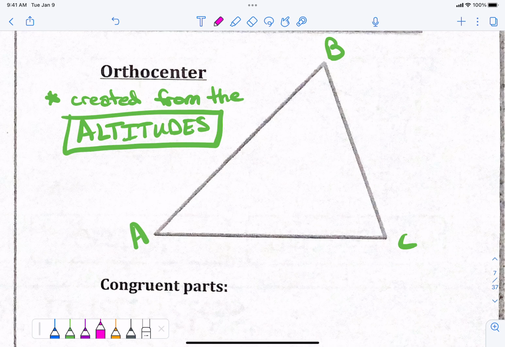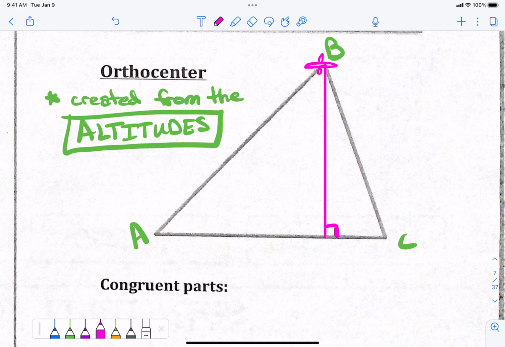I'm going to pretend that B is an airplane. If I'm in that airplane and they say your altitude is such and such, they're not measuring down at a slant. They're measuring straight down at a 90-degree angle with the ground.